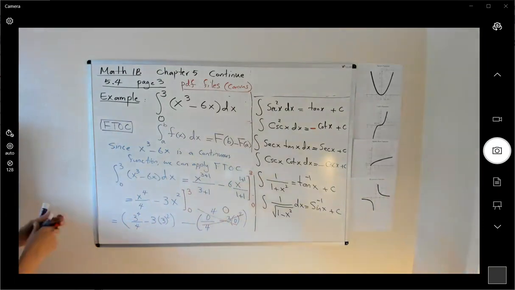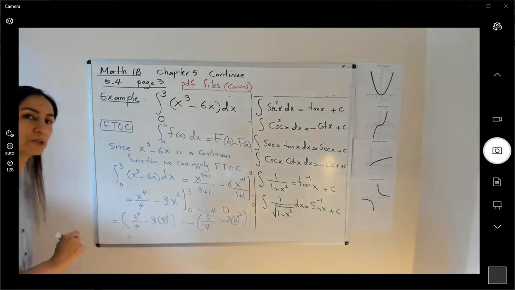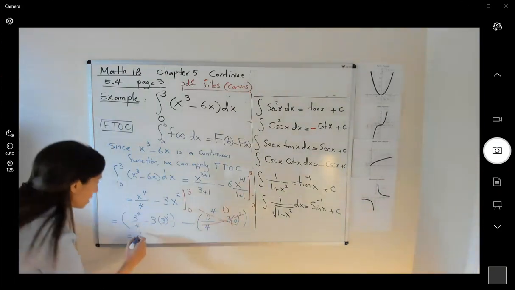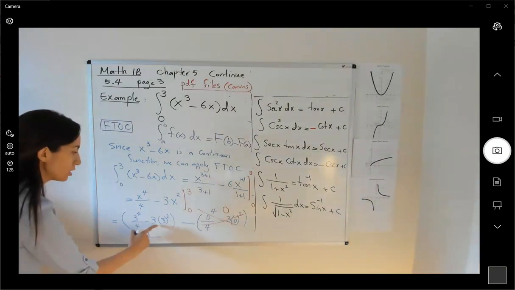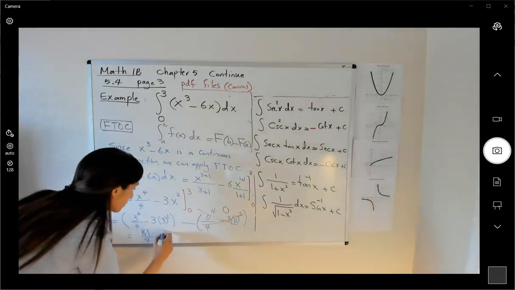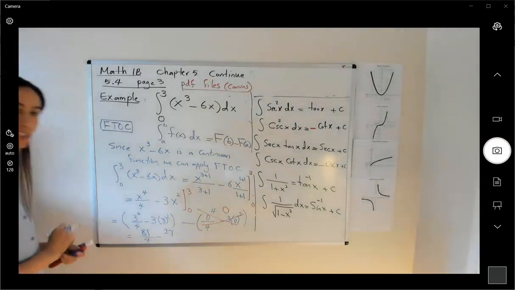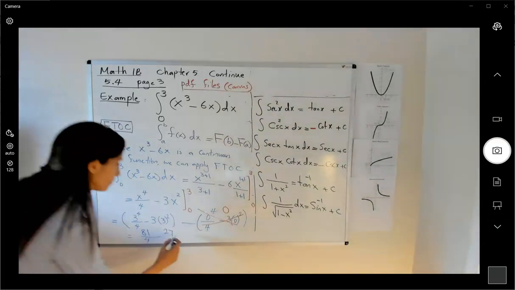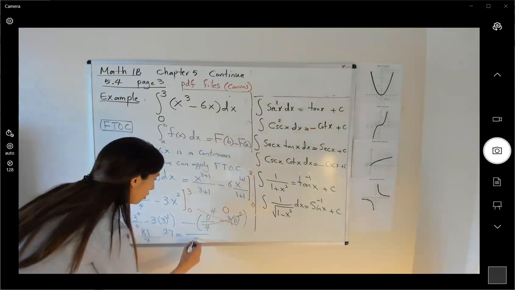For this expression, you get 3 times 3 times 3 times 3, 9 times 9, 81 over 4, minus 3 times 9, 27. Then we have to take a common denominator between these two. You get 4.